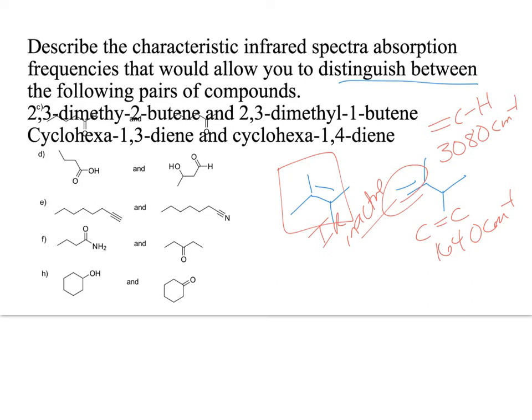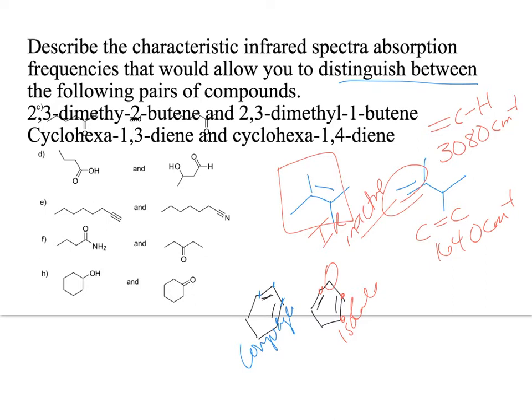Okay, so the next one is cyclohexa-1,3-diene and cyclohexa-1,4-diene. 1, 2, 3, 4. So when you look at this, this is conjugated. This is sp2, sp2, sp2, sp2. You look at this one, it's isolated. So you have sp2, sp2. This is sp3, and then we have sp2.